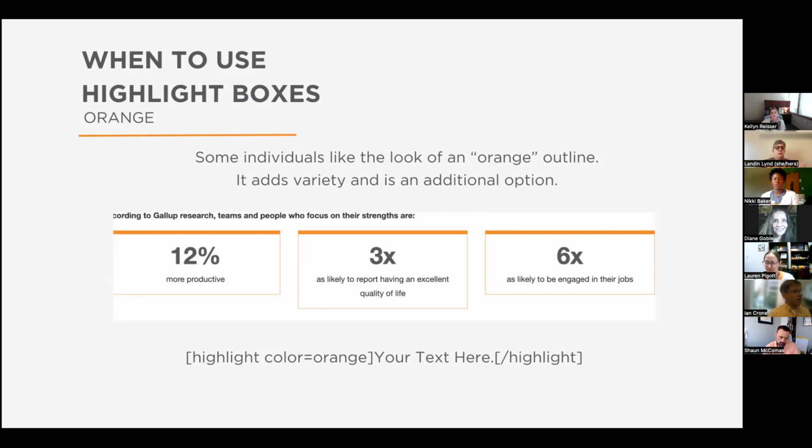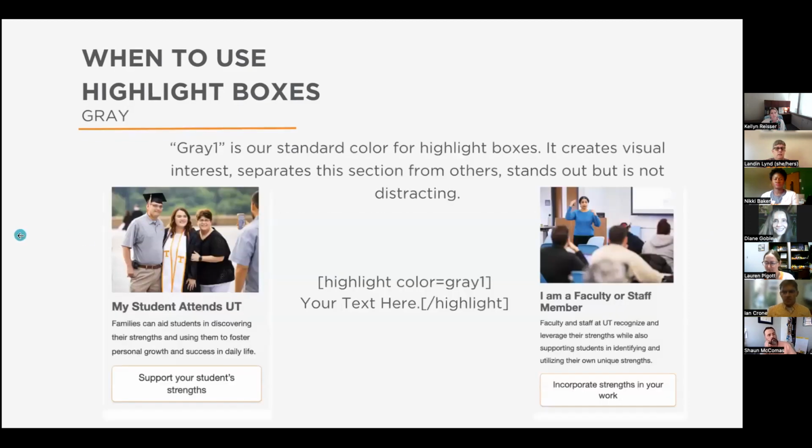When we're looking at the gray box that we just talked about, Kellen, could you go back one slide? Color gray 1. It's such a subtle gray that it's easier to use it more frequently without it distracting, just like Helen said. So you might see this showing up multiple times on a page, and that's okay if we're lumping like information together.